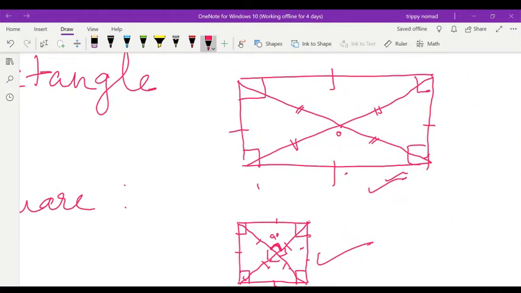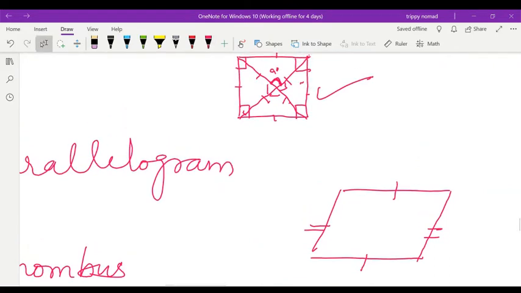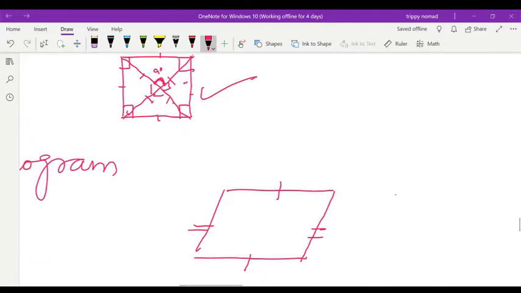This one is a rectangle, and I have drawn a parallelogram here. In a parallelogram, opposite sides are equal. In a rectangle also. I have drawn the rectangle here.